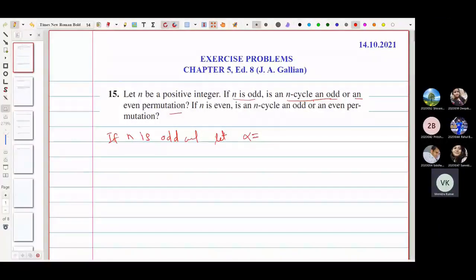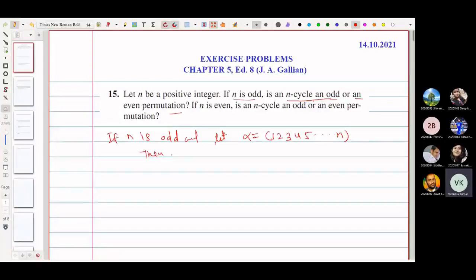Suppose alpha is a cycle, written as (1 2 3 4 5 ... n), where n is odd.